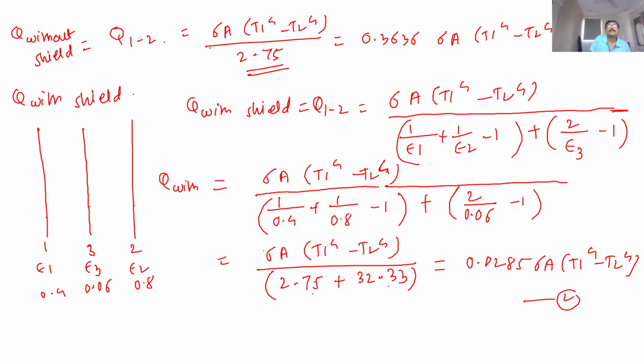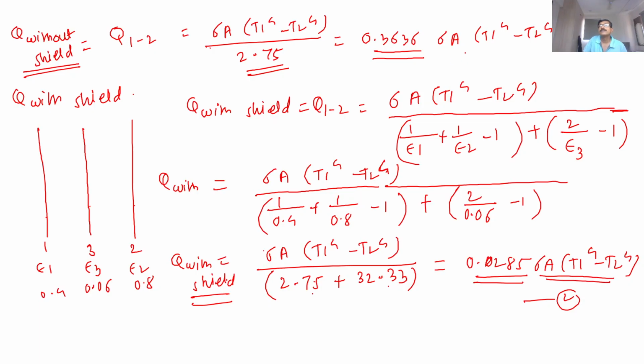Now I have Q without shield with me. Now I have Q with shield with me. How to get the percentage reduction? You can see Q without shield is 0.3636 sigma A (T1 raised to 4 minus T2 raised to 4), and with shield it is 0.0285, and this is common. Sigma A T1 raised to 4 and T2 raised to 4 appears in both equations.